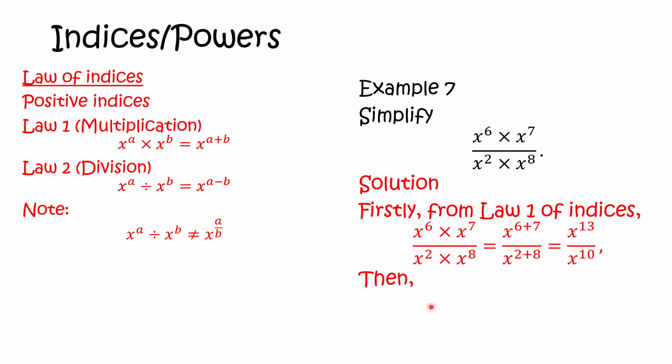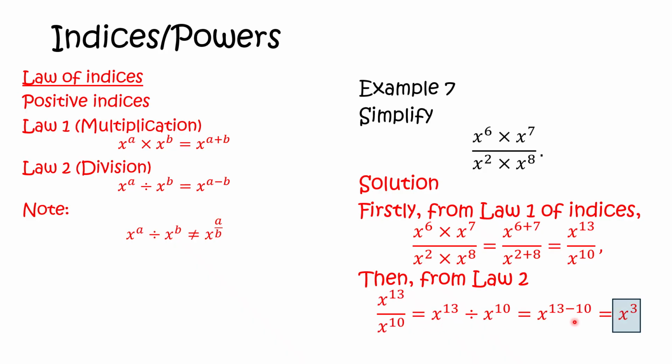From here, we apply the second law of indices, which is the division. In that case, we are going to have x to the 13 minus 10, so that we get x to the 3, or x cubed.